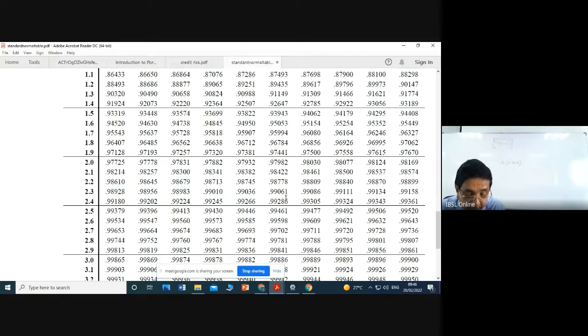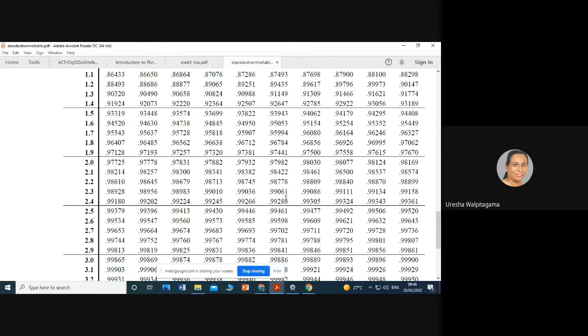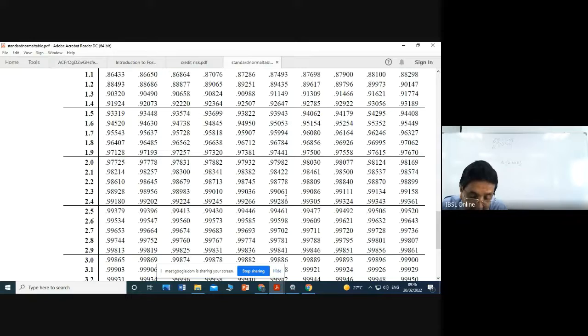That 0.01 difference is distributed in the 0.00025 value, right? So then we have to see what 0.008 is.